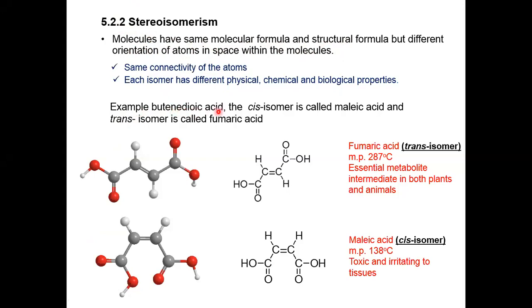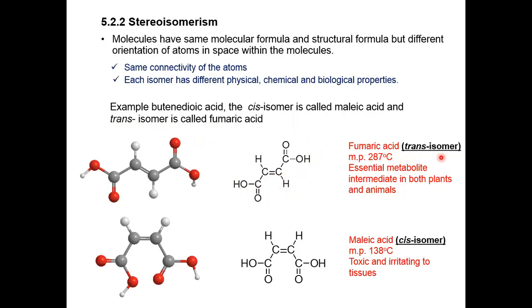butenedioic acid, the cis isomer is called maleic acid, and the trans isomer is called fumaric acid. So this is the structure of your butenedioic acid. It has a double bond here, and also a carboxylic acid functional group.